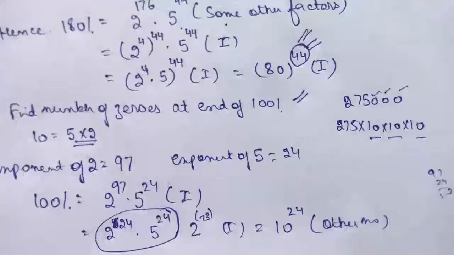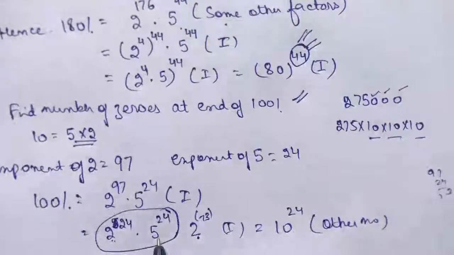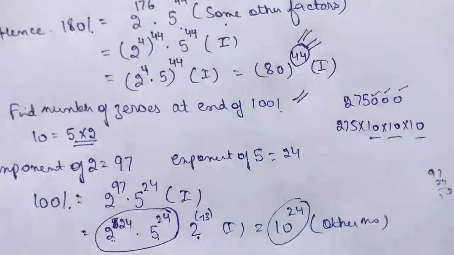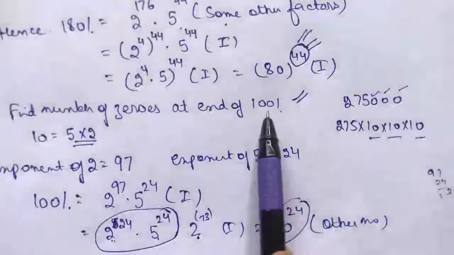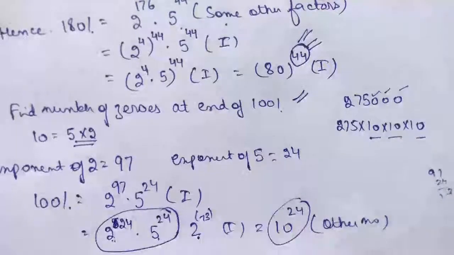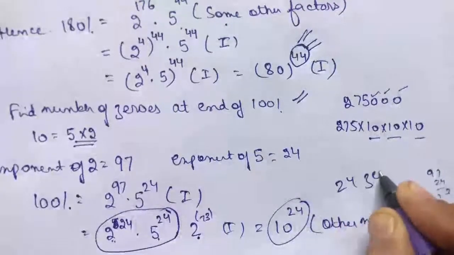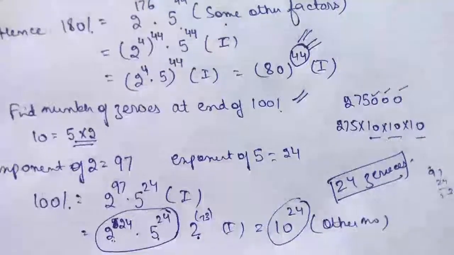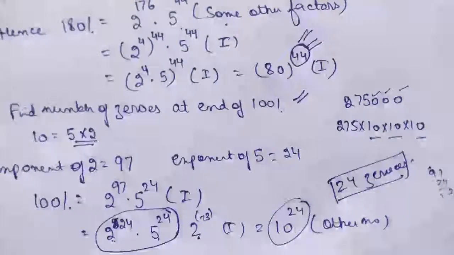These extra 2's are of no use to us, because we have to make 10 and they will be making 10. These extra 2's are not going to play any part. So how many tens are there? 24. Hence how many zeros will be there at the end of 100 factorial? There will be 24 zeros.